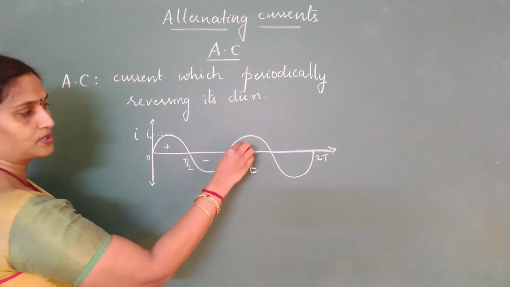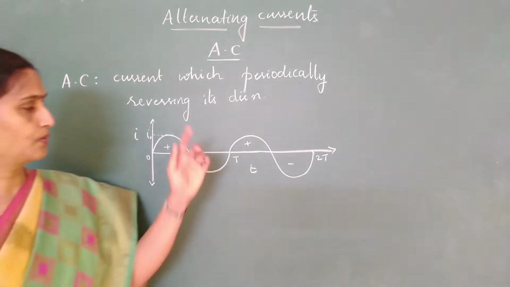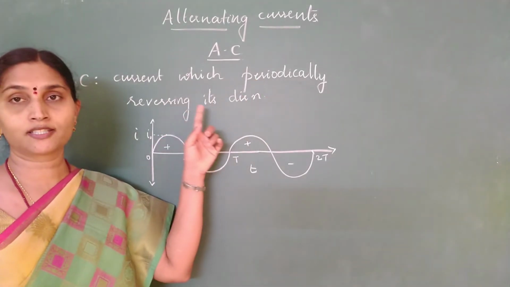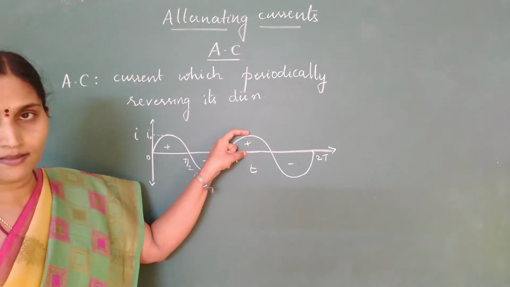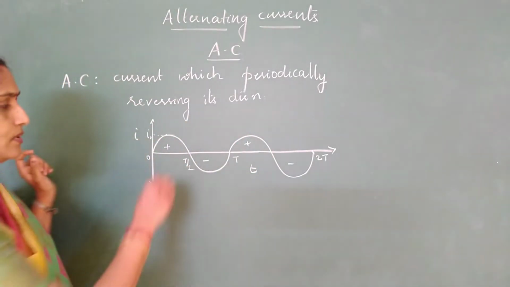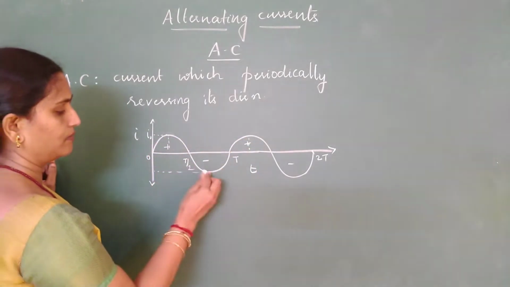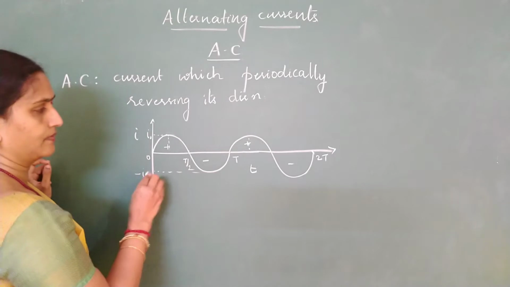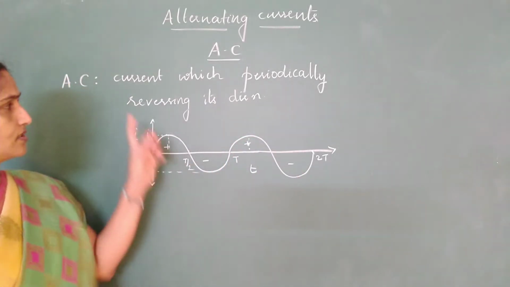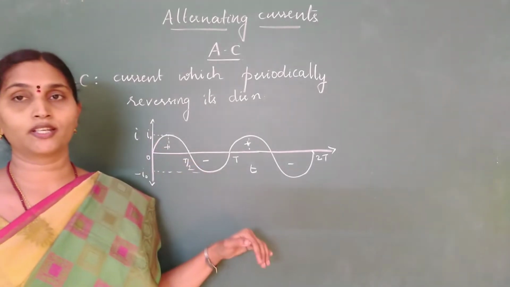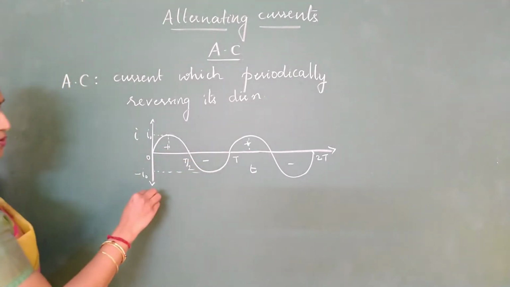Again after T by 2 seconds, positive to negative. So such a current is periodically reversing its direction, but the amplitude is not going to change. It has the same amplitude, I0, between I0 and minus I0. Then such a current, what do you call it? An alternating current.